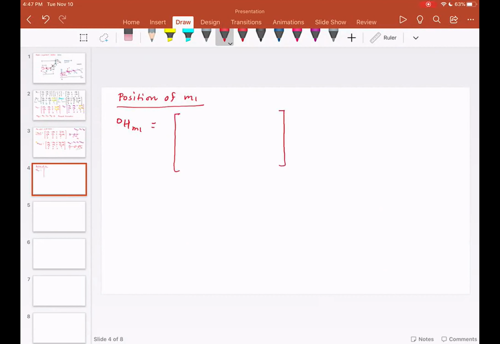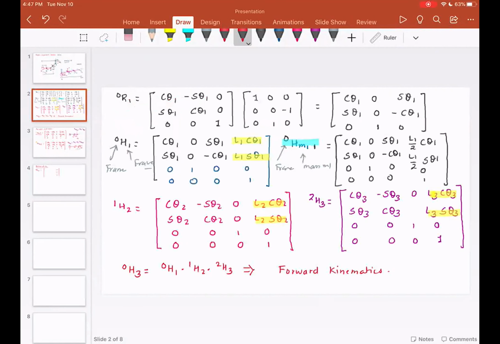The last column of 0HM1 is going to give you the positions of mass M1. And you have that information already. So this is the position of mass M1. I'm going to call this M1 underscore PX, M1 underscore PY, and M1 underscore PZ.